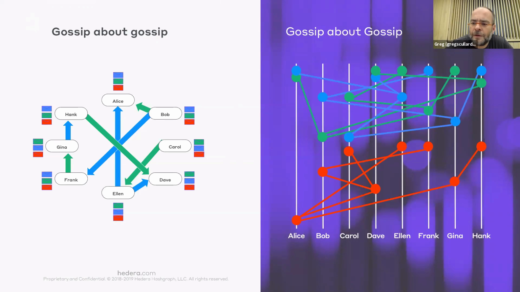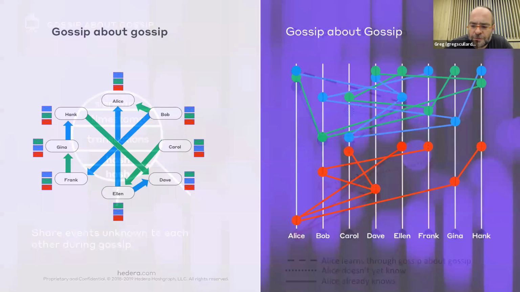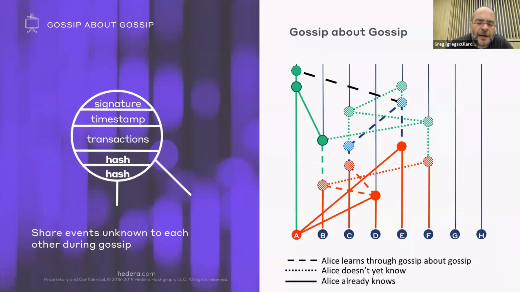So the difficulty here, to a certain extent, is that just gossiping doesn't allow you to determine time. So we'll look at how that translates later on through the presentation.